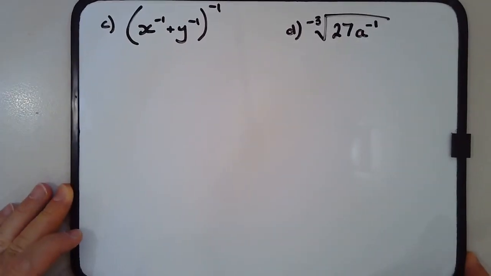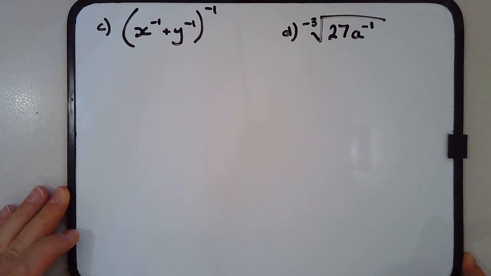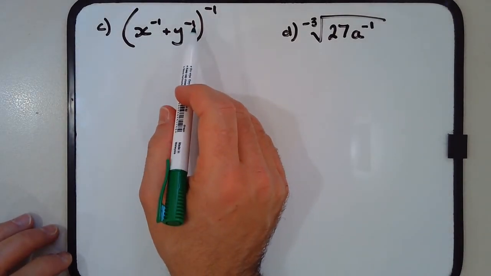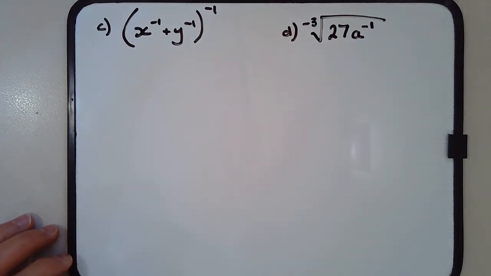Okay. So what do you think about this one here? This is x to the power of -1 plus y to the power of -1, all to the power of -1. Okay, so I'll leave you to have a think about that for a moment. So clearly this is really a whole bunch of reciprocals, isn't it?